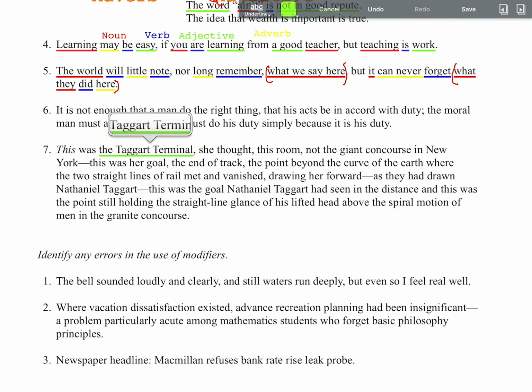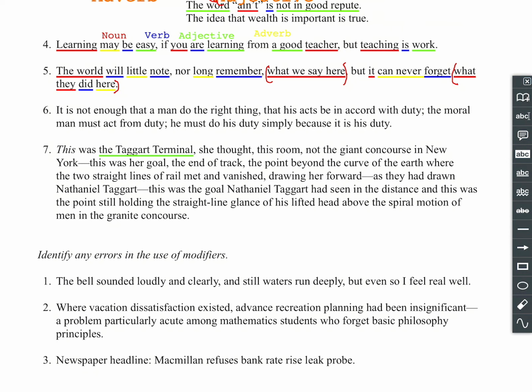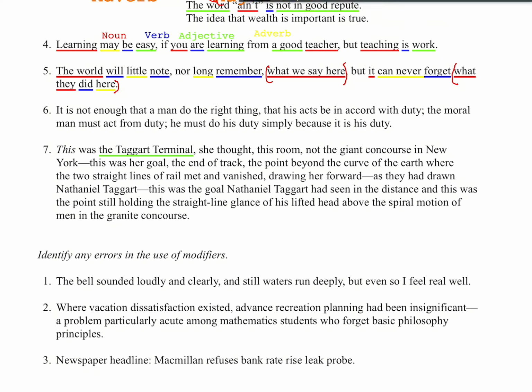So like "the Taggart Terminal" is telling us about this. So this is a noun. She's a noun. Room's a noun.